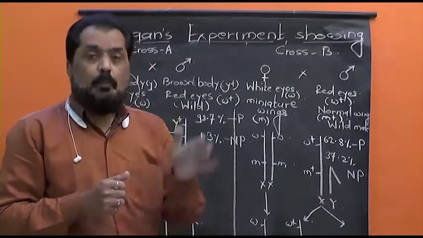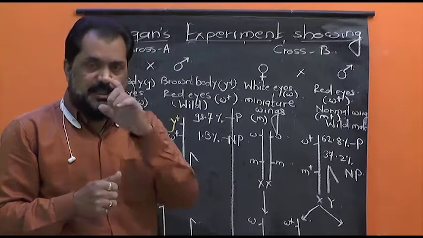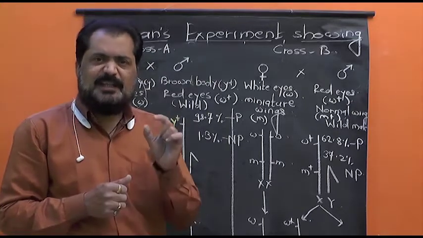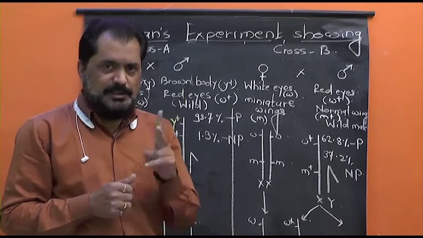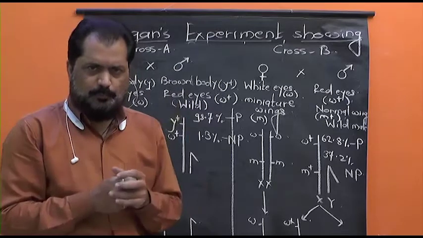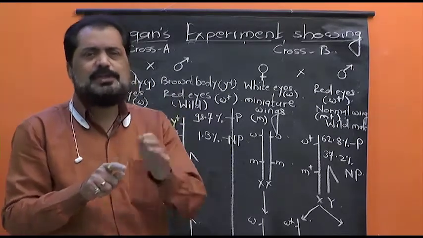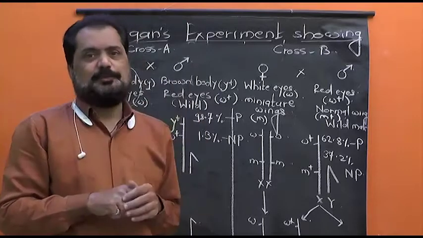Moreover, he went on to say that genes which are tightly linked on the same chromosome, meaning closely placed on the same chromosome, have less chance of recombination.